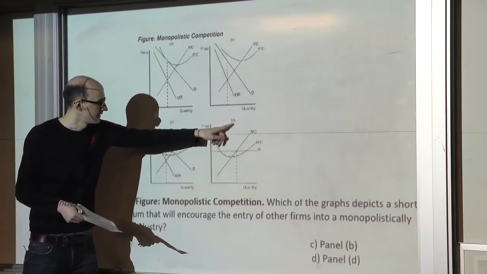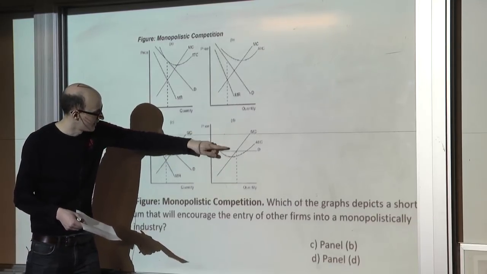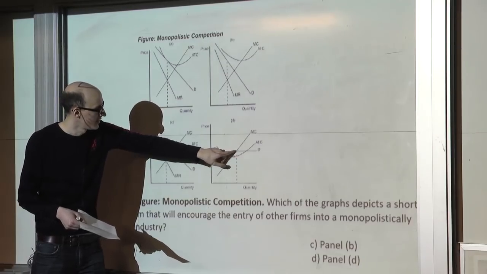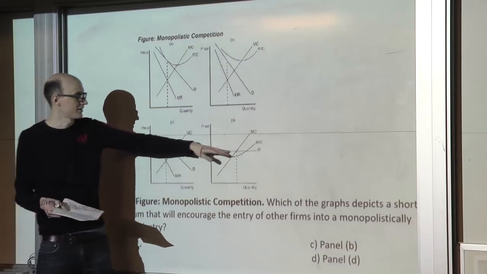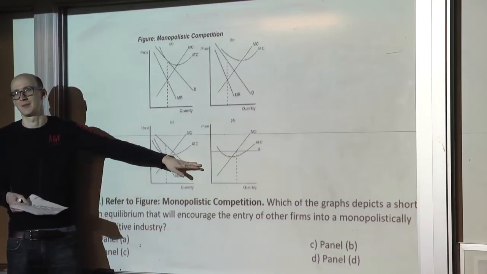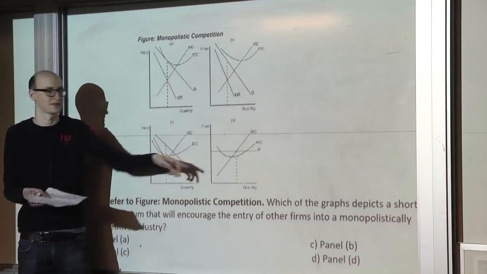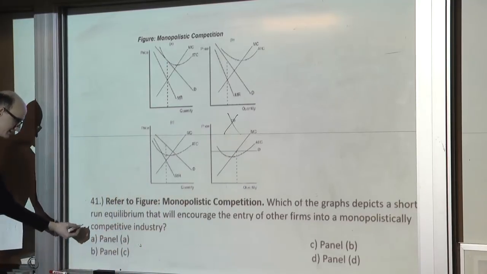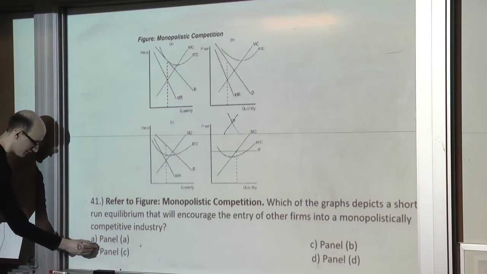Finally, D, we also have a case where the average total cost is below the markup price, but the problem here is that this is not monopolistic competition because they're price takers, so we can eliminate D. The answer is B, or panel C.